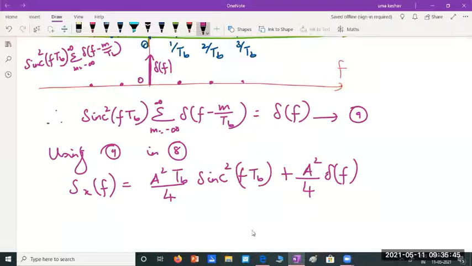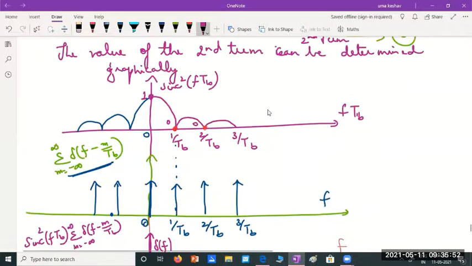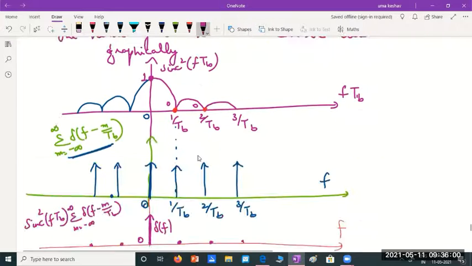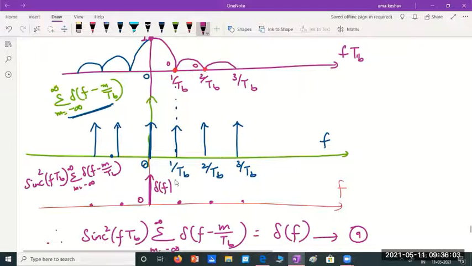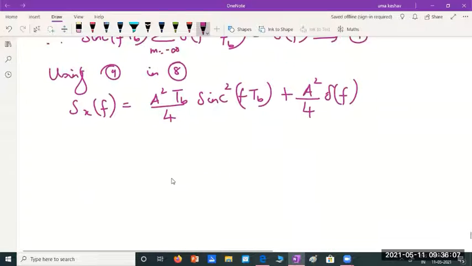Okay. Is this clear to you? This simplification can be done easily graphically. So rather than trying to determine this using equations mathematically, if you plot a graph of both these, very clearly you can see what would be the product. So we did it using that.